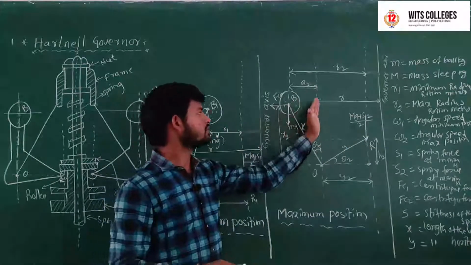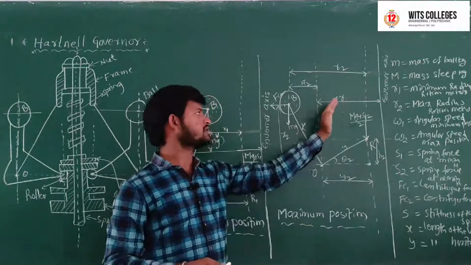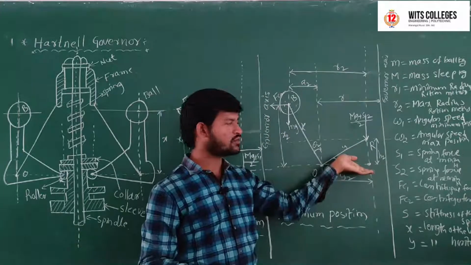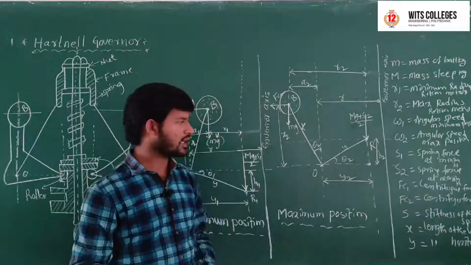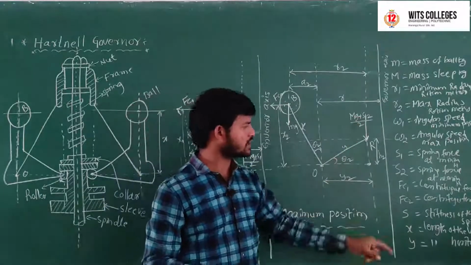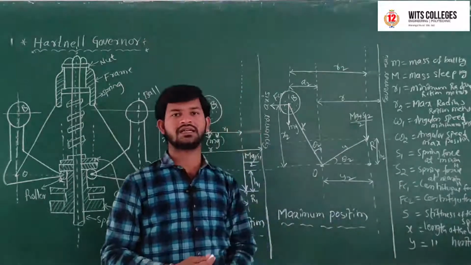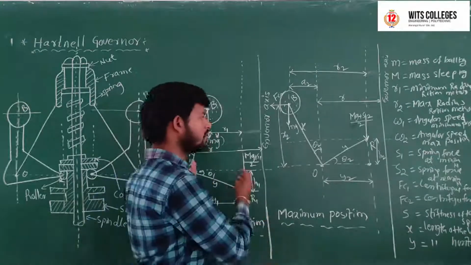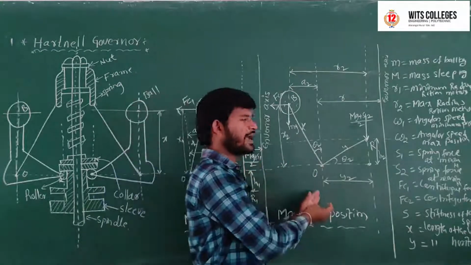Since the ball moves away from the governor axis, the roller moves upward. S2 is the spring force extracted from the sleeve at the maximum position. This is the minimum position, and this is the maximum position.